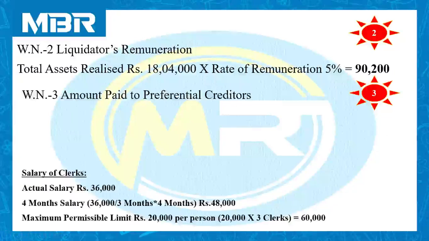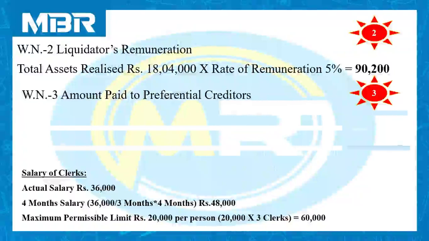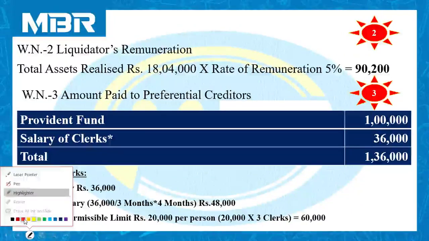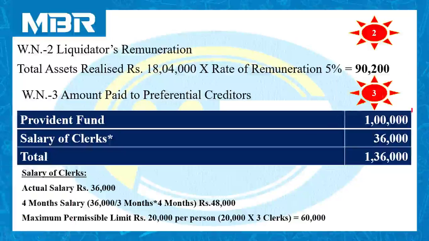Refer to the liability side of the balance sheet. On the liability side of the balance sheet, you will get two different items that can be covered under preferential creditors. First, it is provident fund. As per the provisions of the Companies Act, the amount of provident fund is treated as preferential creditors.